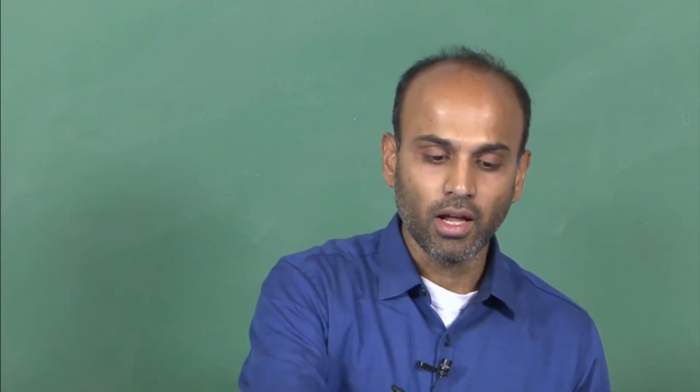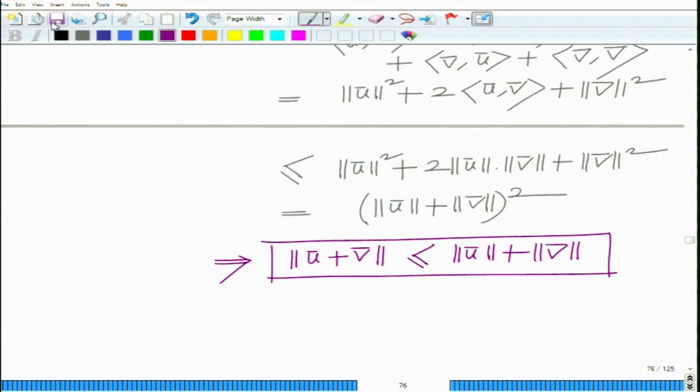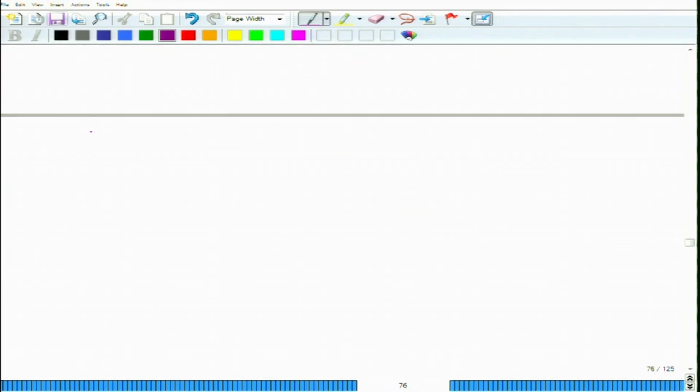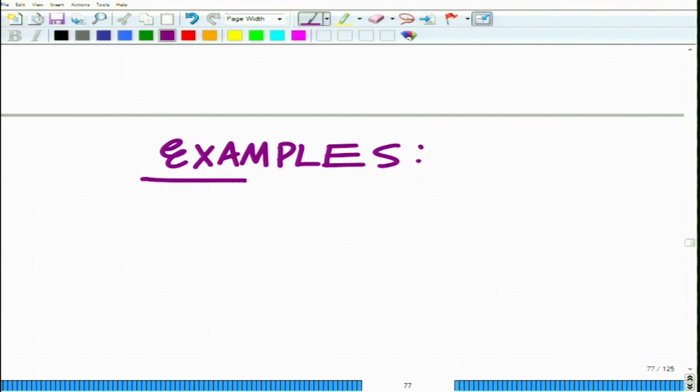Okay. So, now let us start doing some examples on these mathematical preliminaries. For instance, let us start by considering a simple example.